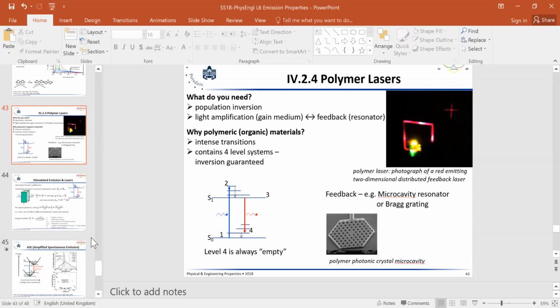And the last requirement is that the absorption spectra cannot overlap with the stimulated emission. This will reduce self-absorption, so we need to make sure that absorption and the stimulated emission do not overlap.